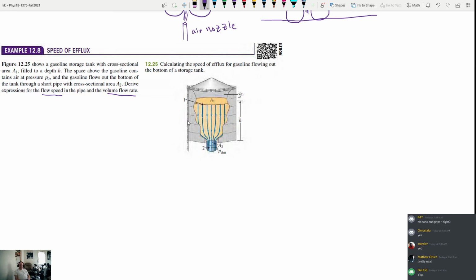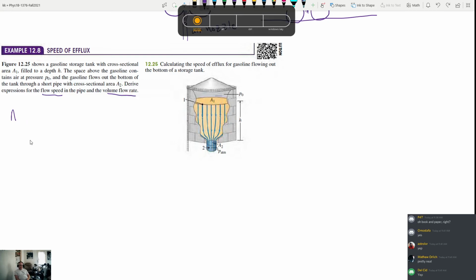So here's our gasoline tank, and it has a cross-sectional area A1 at the very top, a cross-sectional area A2 at the very bottom, and the fluid is flowing down like this. Now I'm going to give you these numbers as if they were given to you in a problem.